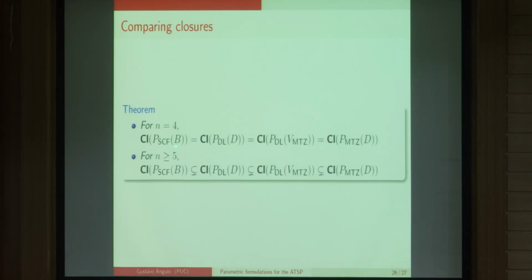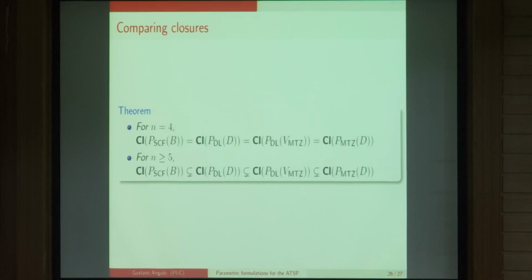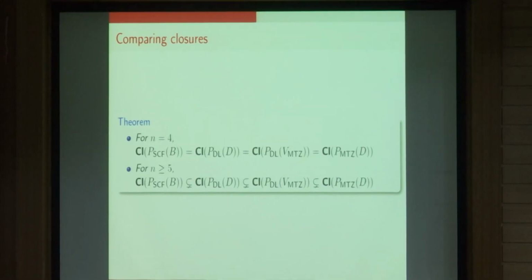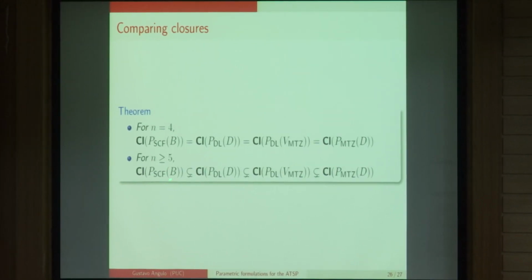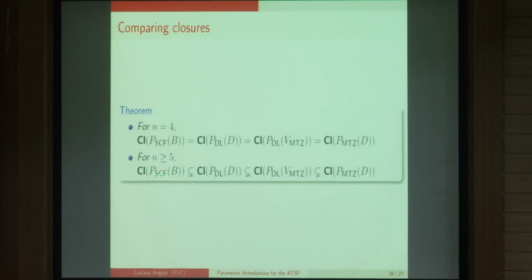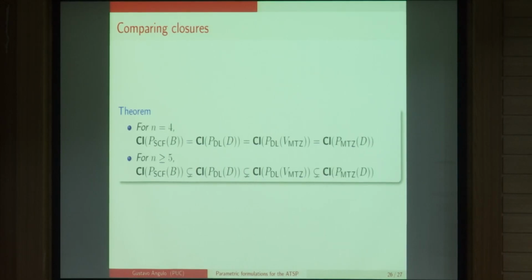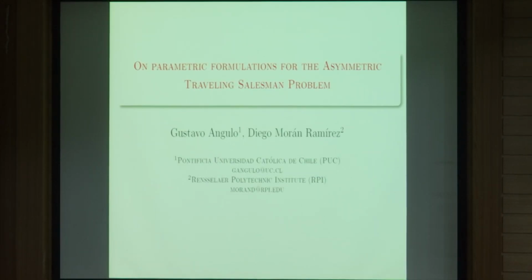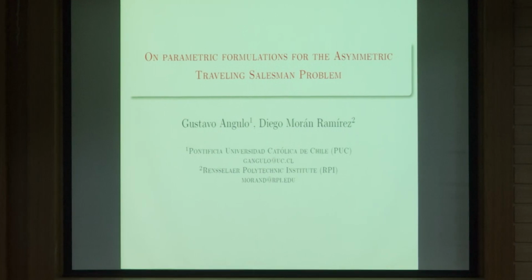But if we have at least 5 nodes, all these things are different, and they are strictly different. Okay, the single-commodity flow being the strongest, and the Miller-Tucker-Zemlin formulation being the weakest. Okay, so we have here a strict hierarchy. Good. So this is what I wanted to share with you.